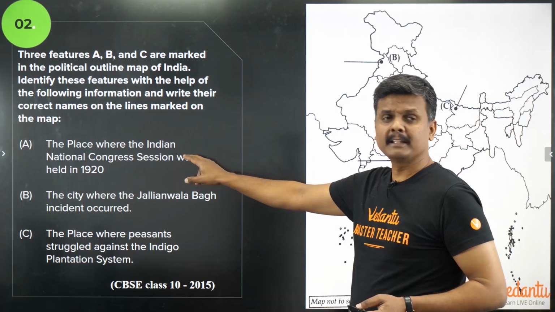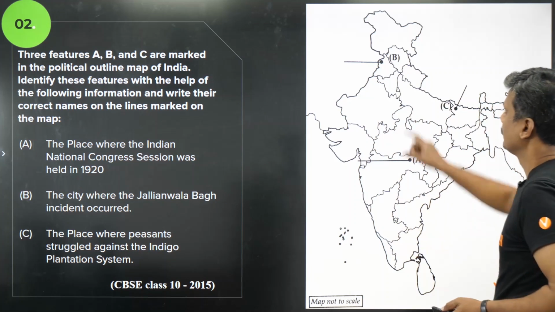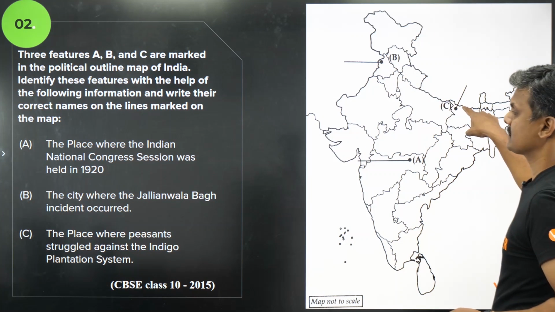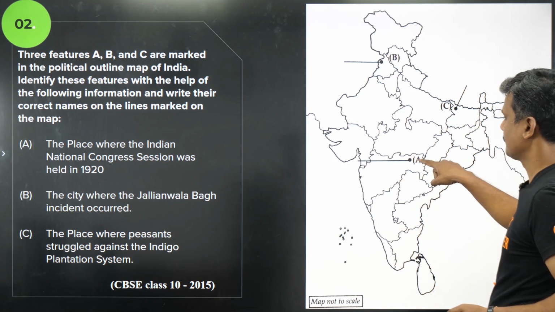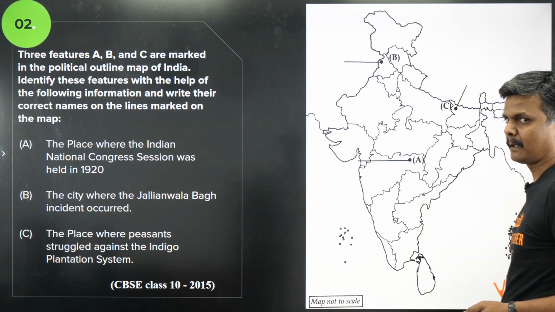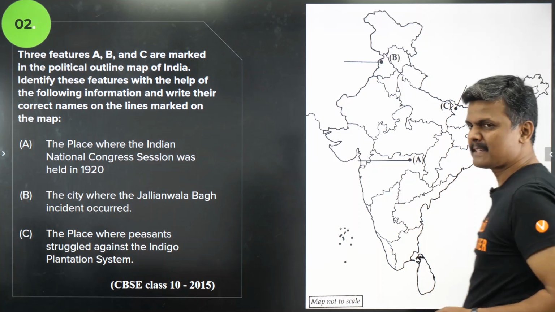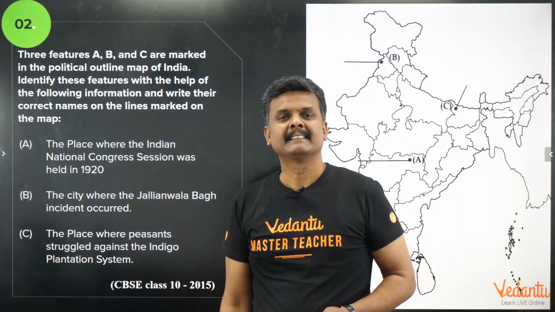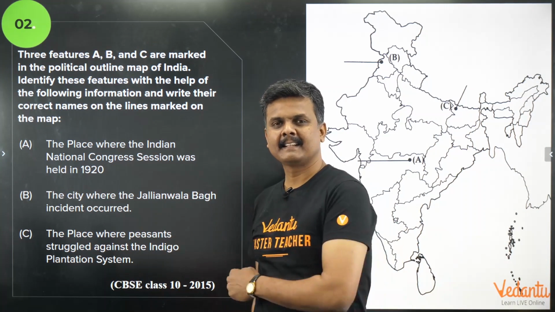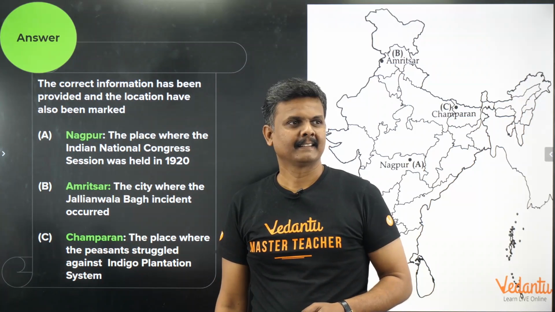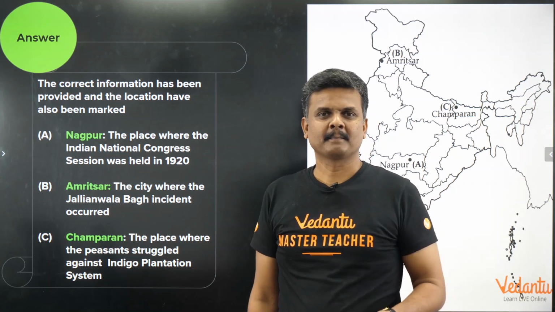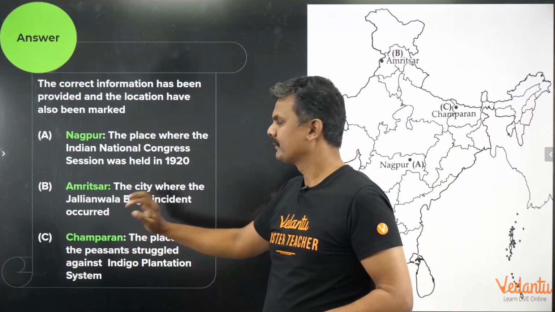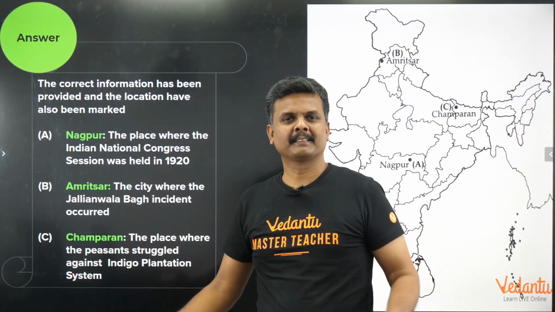So, here is Amritsar, here is the Bihar part, which is the Champaran movement, and what is this? Nagpur. Remember I was telling you? That is it, guys. Nagpur, Amritsar and the Champaran movement in Bihar. That is the answer. You got it? Full marks.